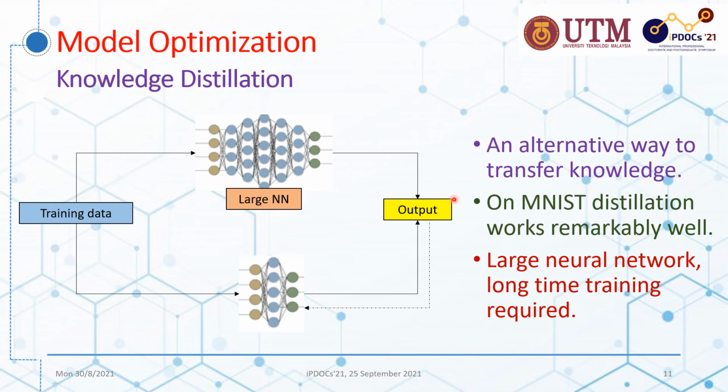Pass the output from the large neural network to the small neural network, and the output is backpropagated to the smaller neural network, and now the smaller neural network can replicate the behavior of the large neural network. On MNIST, distillation works remarkably well. However, for a large neural network, long training time is required.